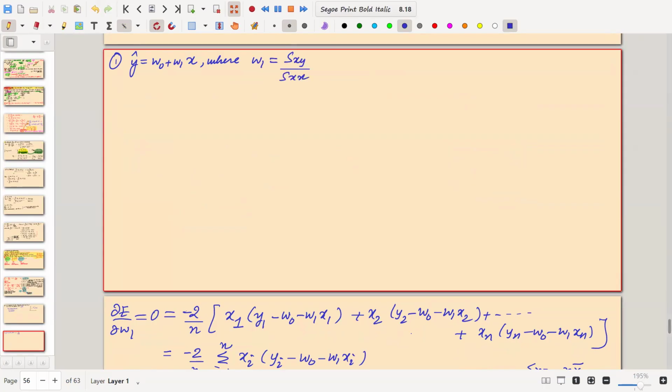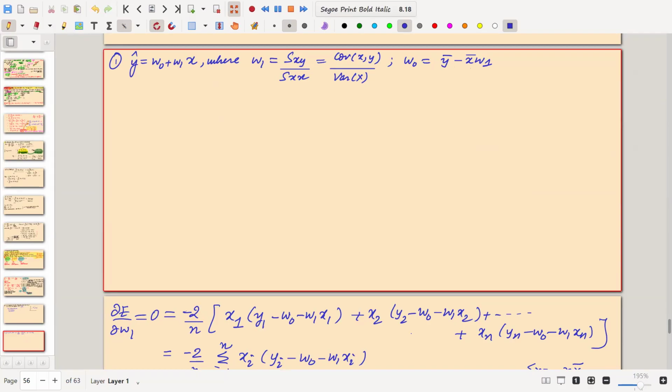Sxy is the covariance between X and Y, and Sxx is the variance of X. So W1 is covariance of xy divided by variance of x. And W naught was y bar minus x bar W1, where y bar and x bar are the means of the x and y datasets.